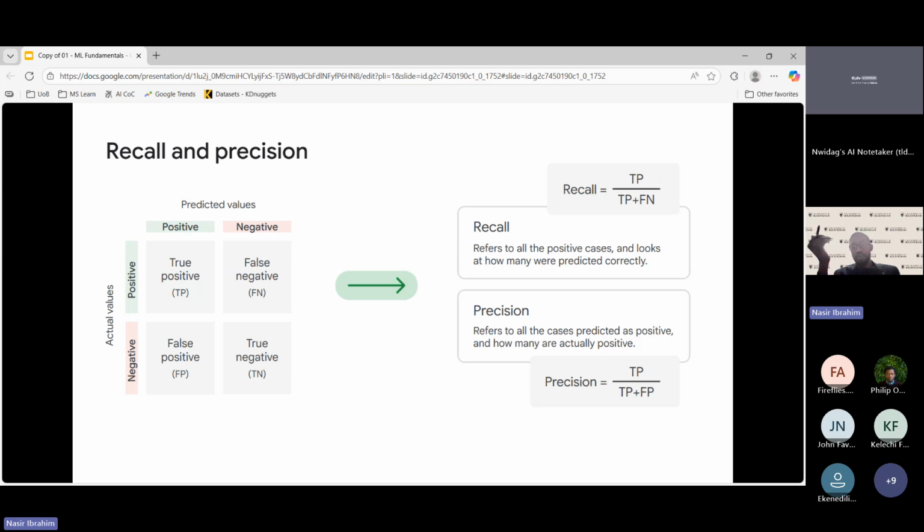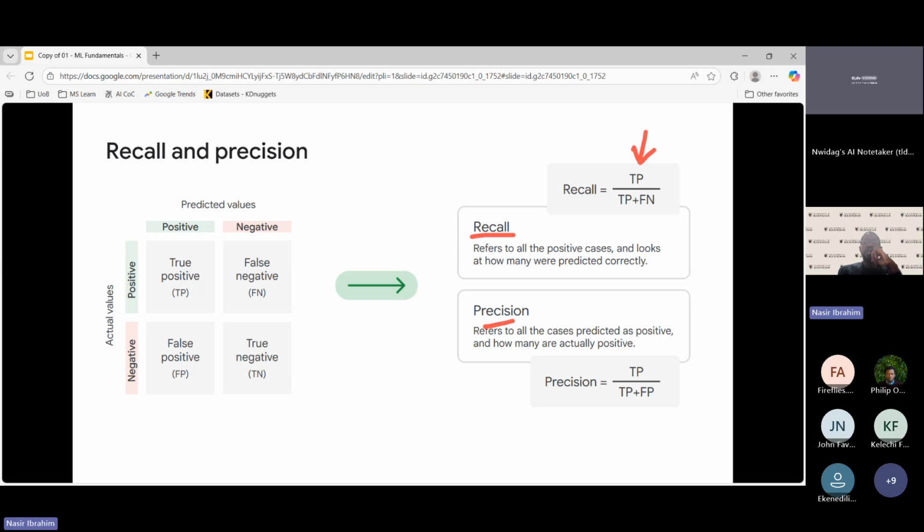performance metrics, which are the metrics that you're going to use to see how your model is performing. Two of the metrics here are recall and precision. Recall refers to all positive cases and looks at how many were predicted correctly.